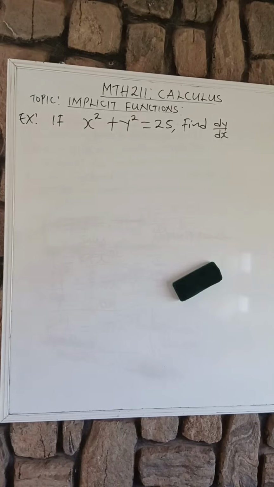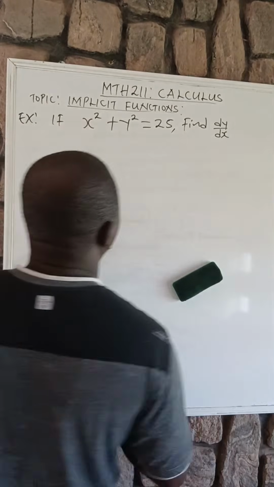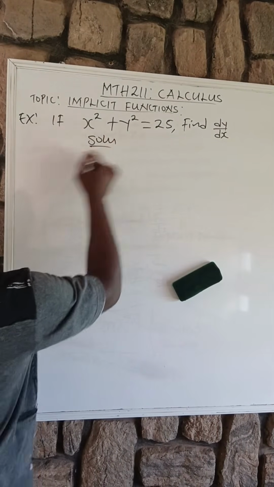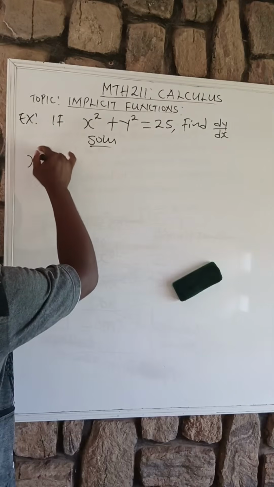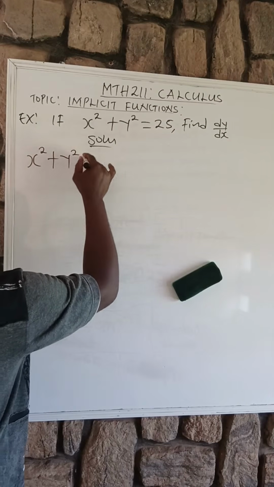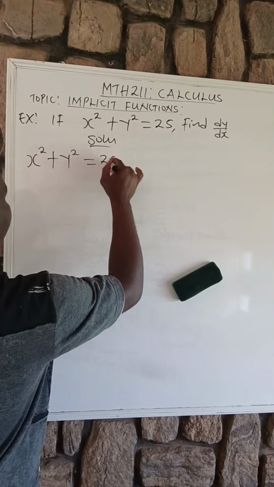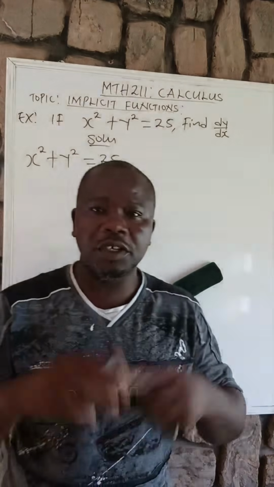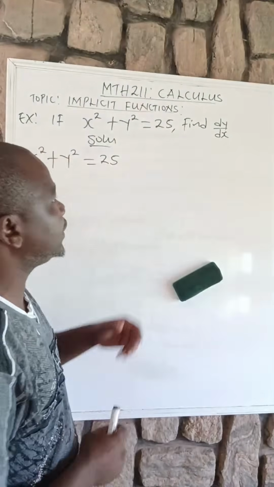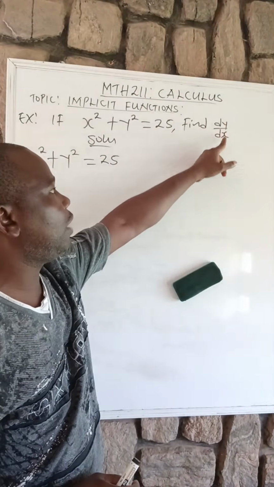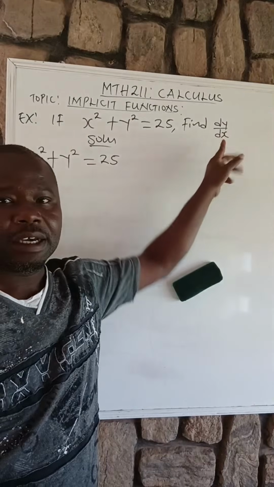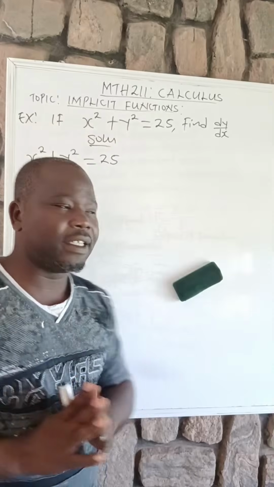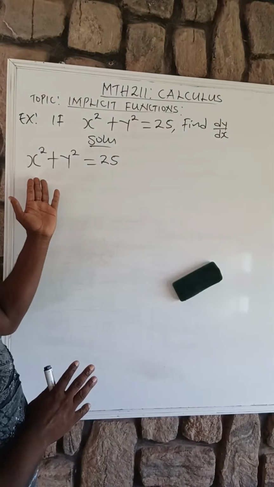So now what we need to do here is we write the solution. Then our x squared plus y squared equals what? 25. So when you come across equations like this and you are asked to find the derivative, dy all over dx, what should first come into your mind is look at the function.